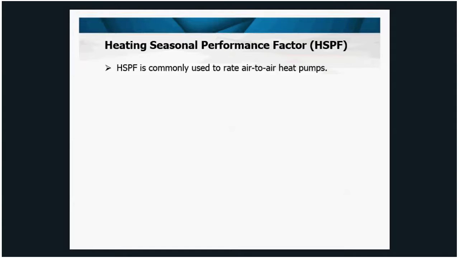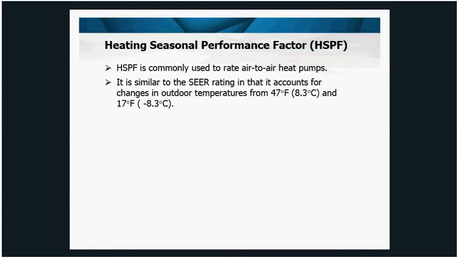Now, the number that we're most familiar with when it comes to heat pumps is called HSPF, or Heating Seasonal Performance Factor. Because COP, the coefficient of performance, varies based on outdoor temperature, the HSPF takes into account various temperatures.